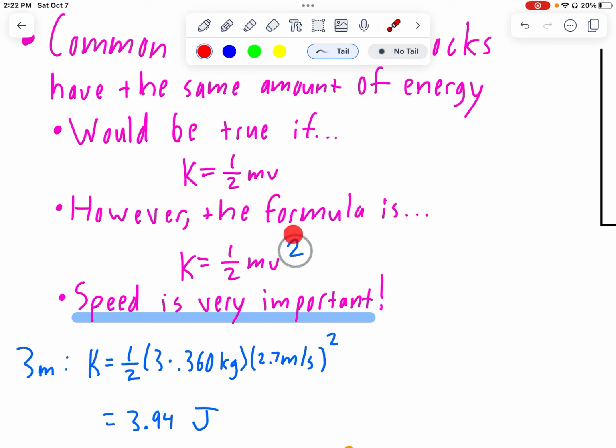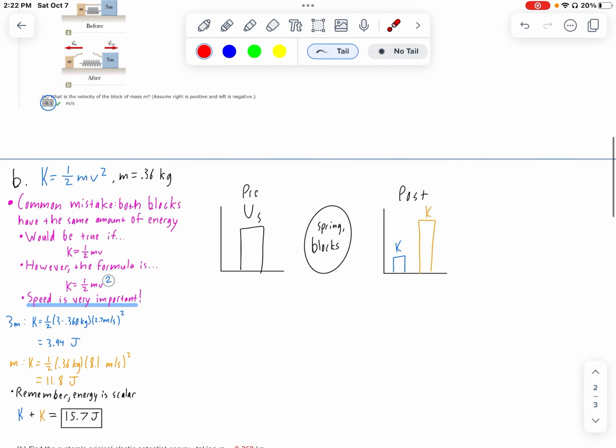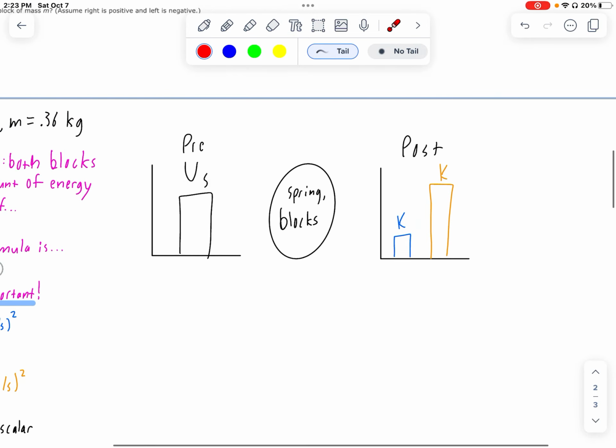However, we know that the equation is K equals 1/2 m v squared. Squared is very important. Speed is very important. You can set up a conservation of energy equation if you'd like, but I didn't really see a big purpose in it. You really don't have to overthink it. There's no friction or anything.